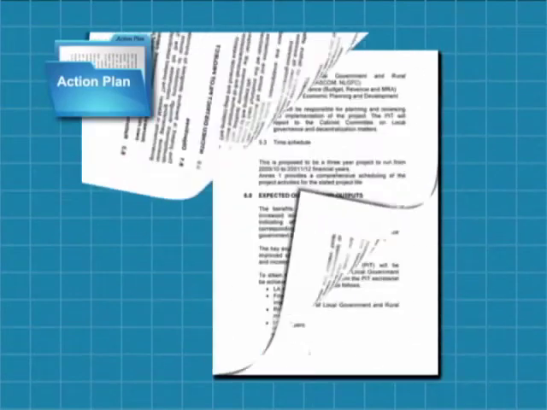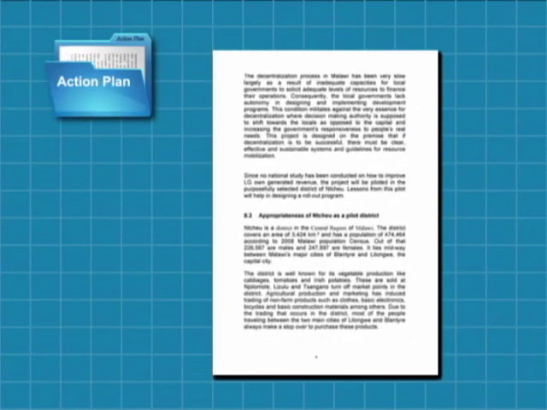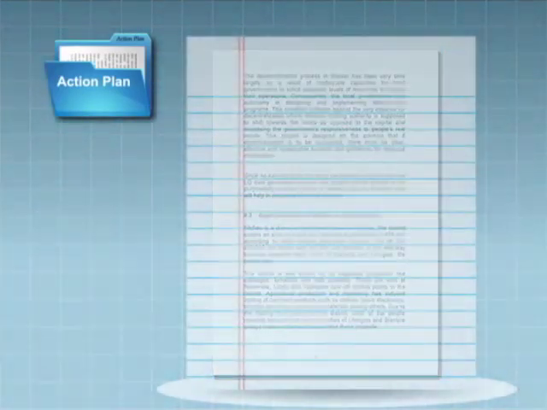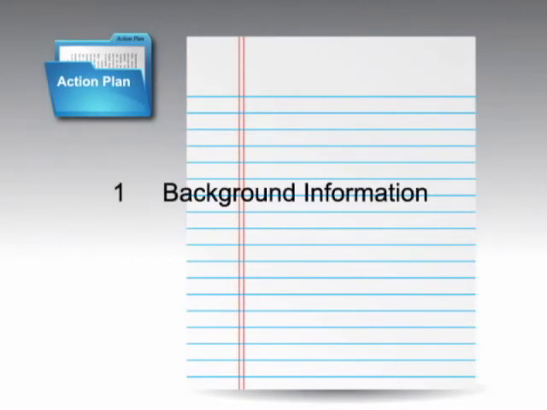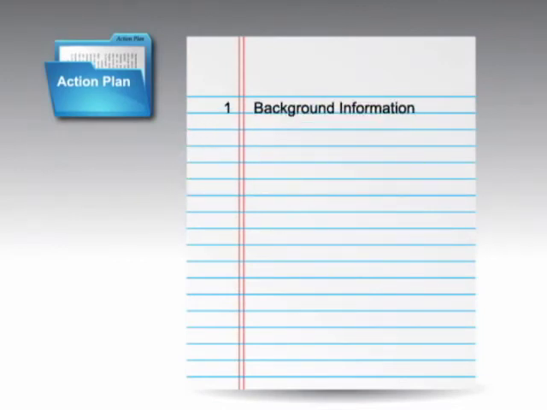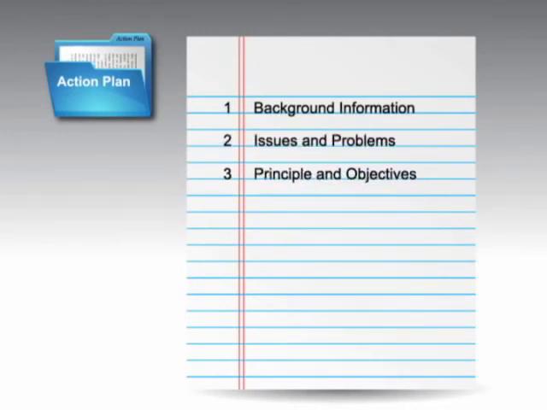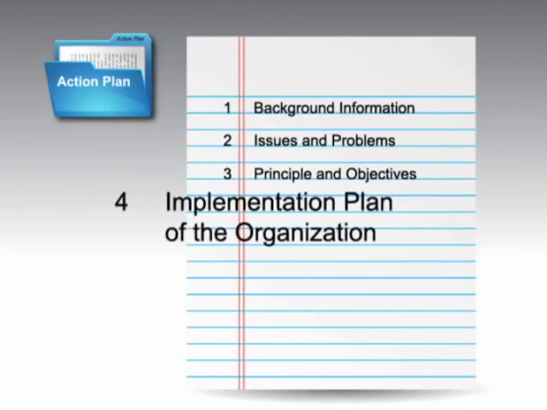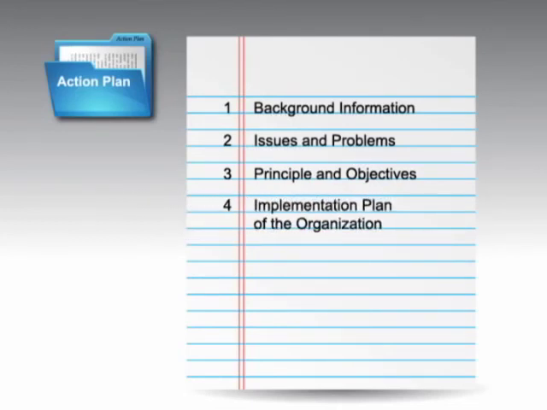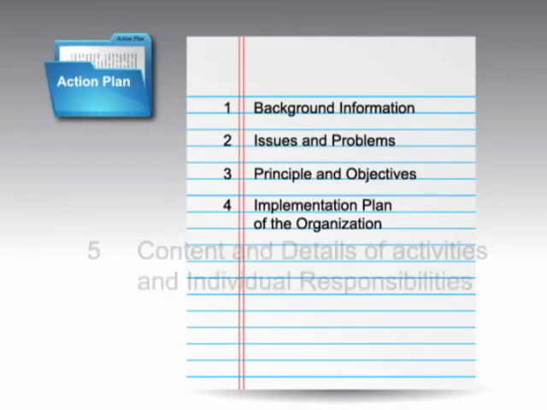Generally, description contained in an action plan includes 1. Background information such as sector, region, and organization. 2. Their issues and problems. 3. Their principles and objectives. 4. The implementation plan of the organization. 5.